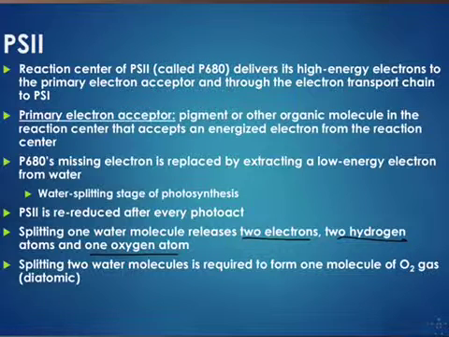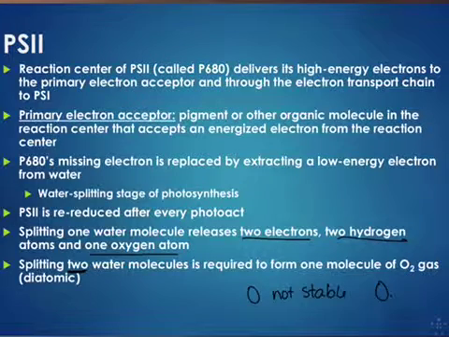However, you do have to split 2 water molecules because a single oxygen atom is not stable. It's actually toxic. Okay. So we have to split 2 so the O is not uncombined. And those of us that took chemistry, we know this makes sense because oxygen has to be a diatomic. Okay.